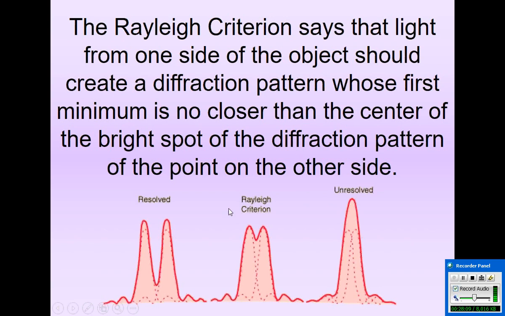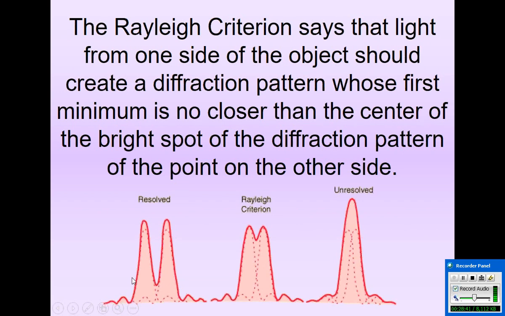So you can see in the image on the graph, the situation on the left, there's very little overlap between the central bright spot of one letter I and the central bright spot of the other letter I as created on the retina. But as you move farther away, the angular spread between those two letters I gets smaller, and the patterns for each of those created on your retina get closer together. They start to overlap more and more.